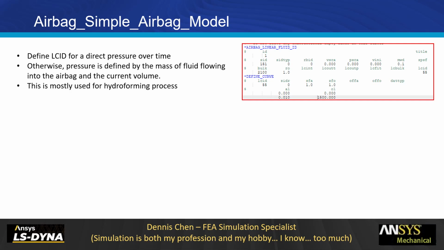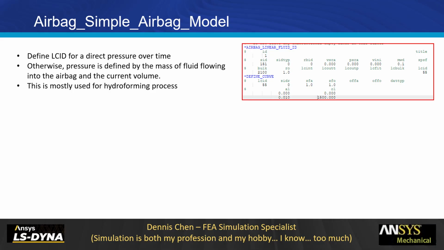So it gives you access to both capabilities, and it's very useful for hydroforming because in this case you're actually defining the bulk modulus and the density of the liquid or the gas inside the tubing, right? Because that, combined with the mass flow rate, helps you define how much pressure you're applying to the airbag, to the control volume, to generate the internal pressure, right?